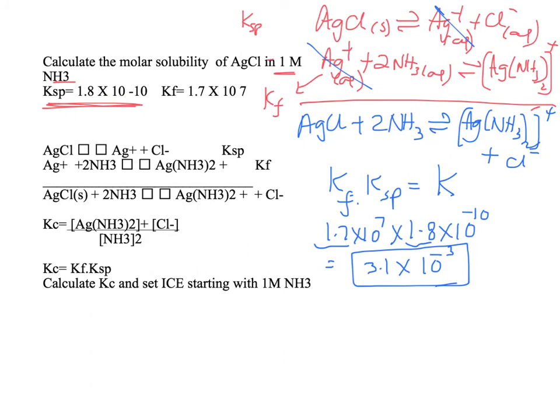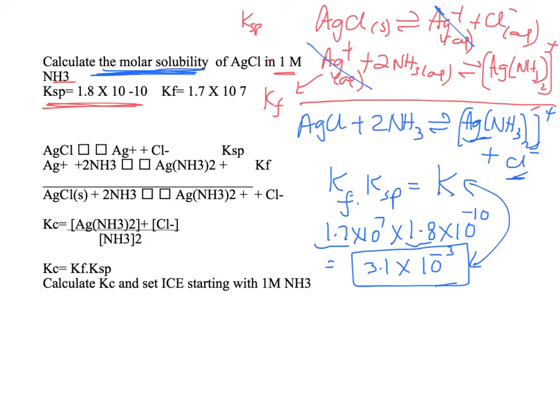Now, realize this is only the K value, okay? The question asks you for the molar solubility. That means how much of the AgCl is essentially in the solubilized form. So if you look at the equation, if you determine the free Cl, or the silver which would have later on gotten into a complex formation, you would be able to determine the solubility from there.